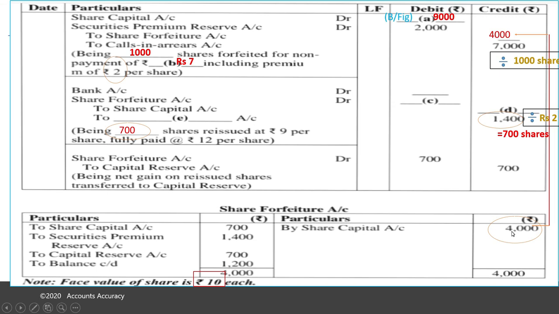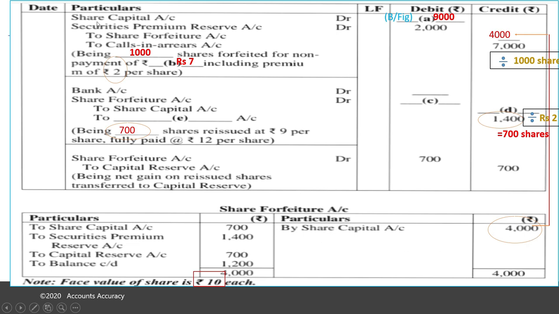So simply, you need to copy down this 4,000 value directly in the share forfeiture account. The same value, 4,000, will be copied over here. I am repeating it: it's a share forfeiture ledger and the amount of share capital is 4,000.